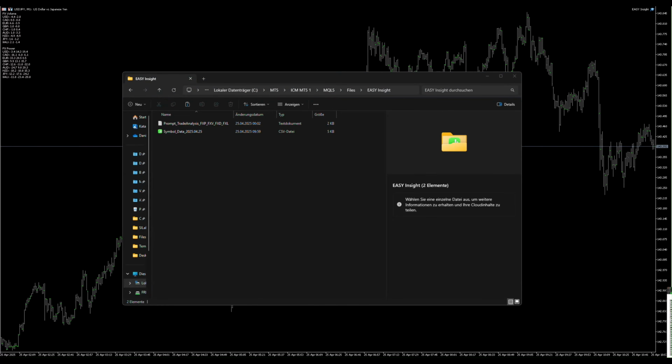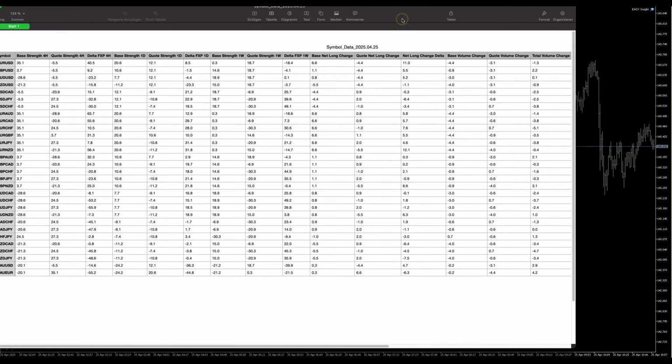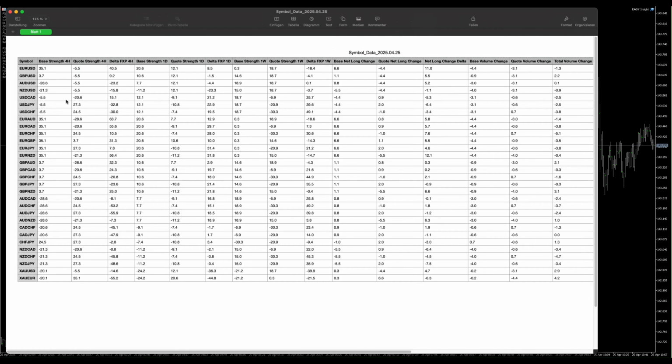So let's have a look at the data file at first. This is how it's exported. You see a bunch of forex symbols, 2 gold symbols as well, and there is the strength for the base currency, the quote currency for several analysis periods.